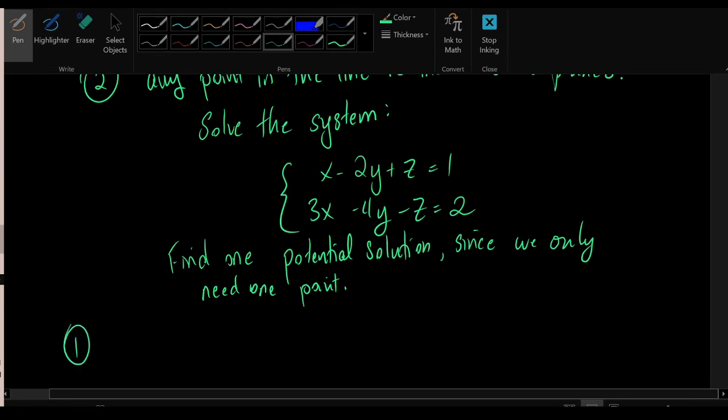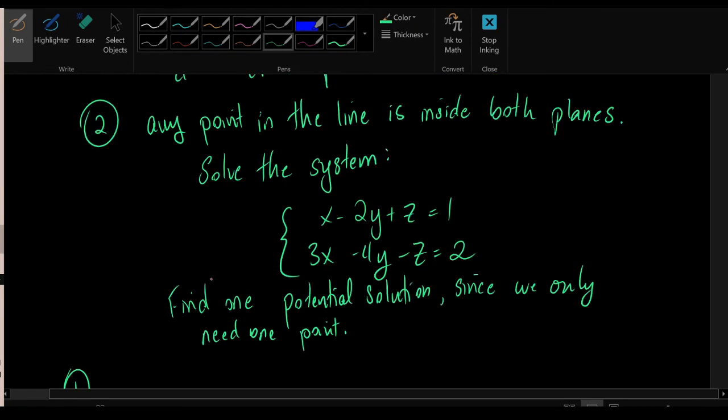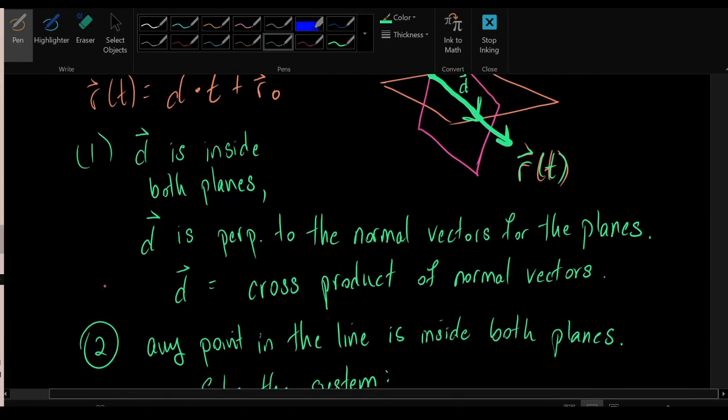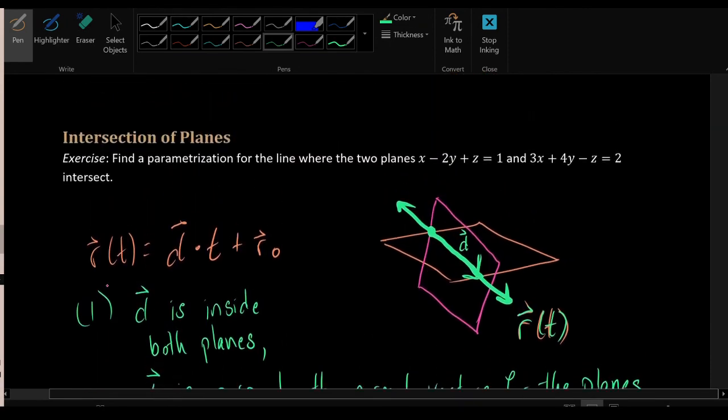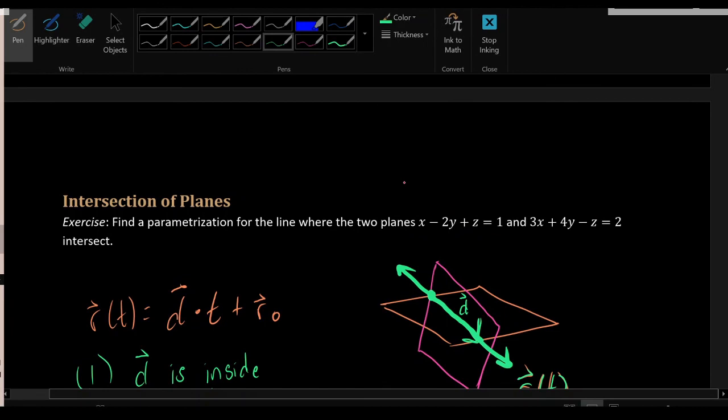Okay, so let's work on these two steps in order. First, let's work on finding the direction vector D by taking the cross product of the normal vector to the first plane. I'll call it n for normal: 1, -2, 1.